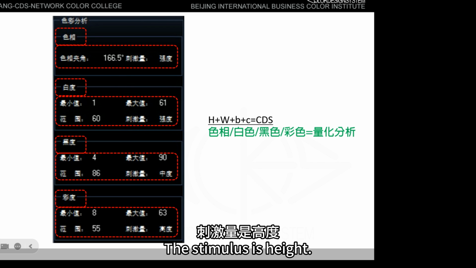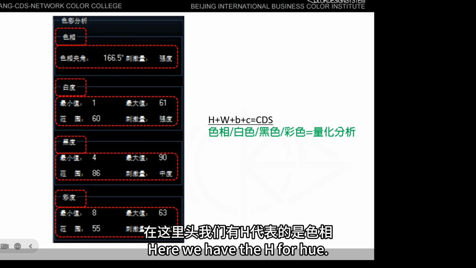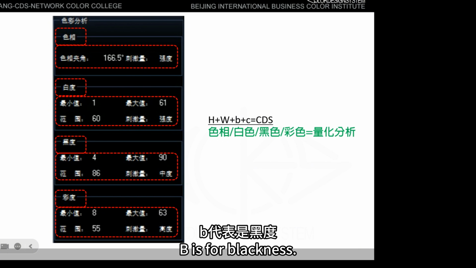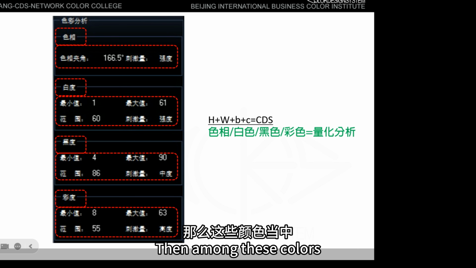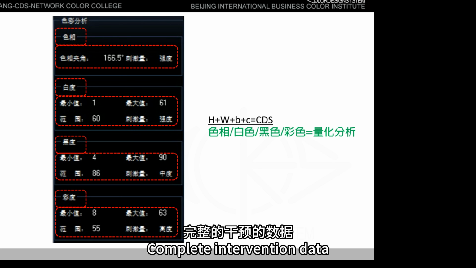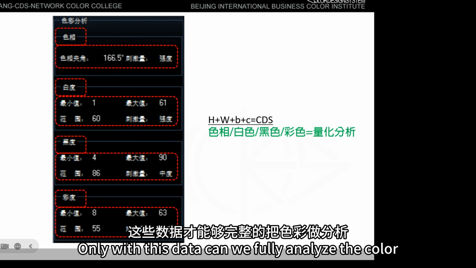Here we have H for hue, W for whiteness, B for blackness, C for chroma. Then among these colors, it is the analysis of the code of our CDS. Complete intervention data.